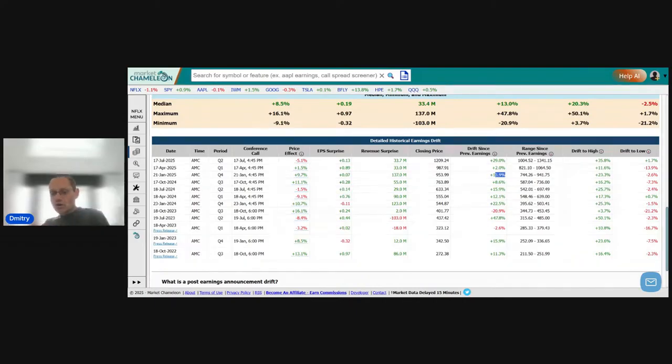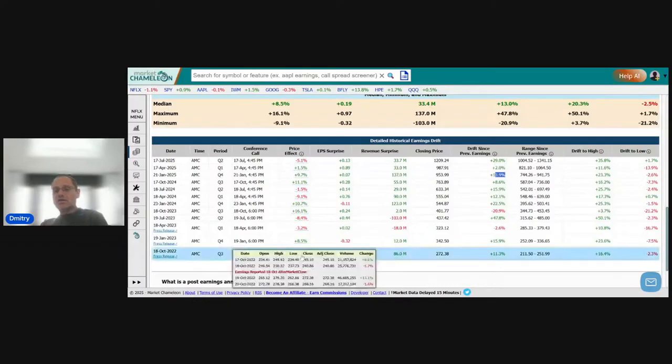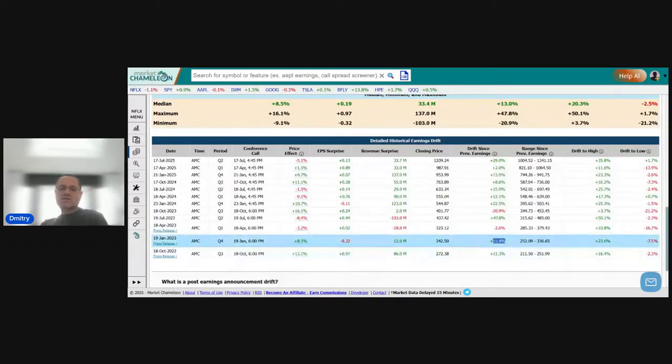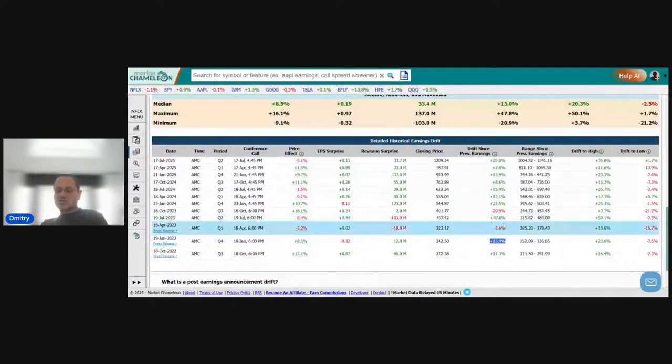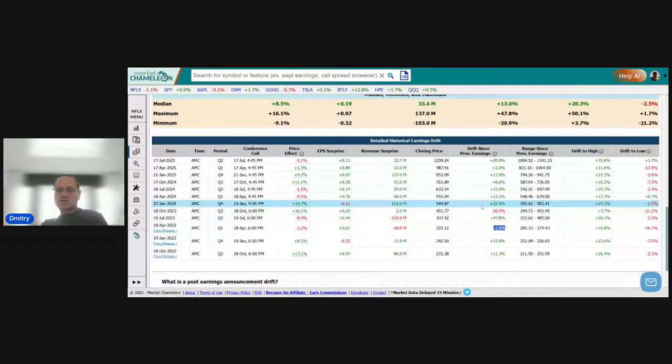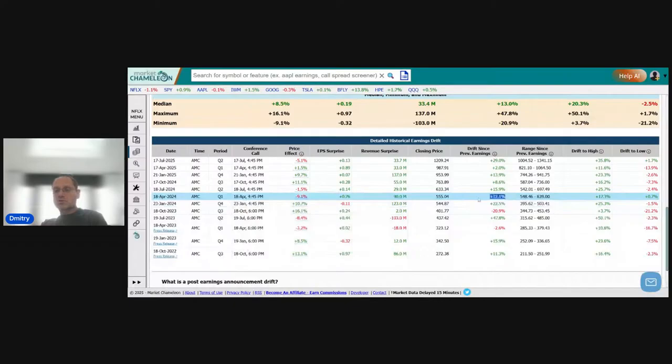So it added on. So up 13%, the next 3 months, it added another 15.9%. Here, up 8.5%, the next 3 months, it declined 2.6%. Here, up 16%, the next 3 months, it gained another 22%, up 10.7% here, next 3 months, again, 12.1%.